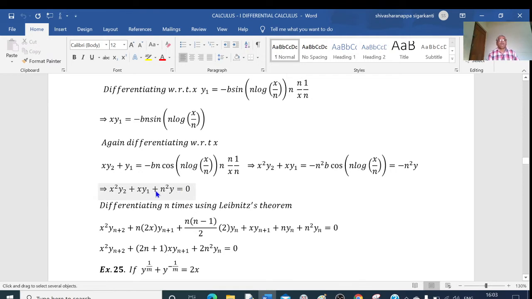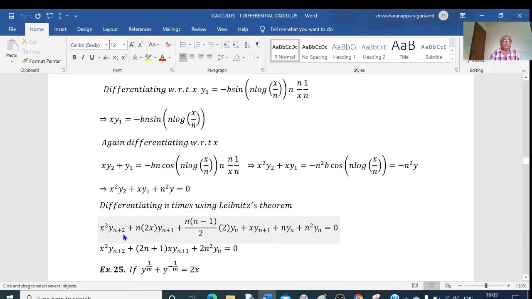Differentiating this equation with respect to x n times using Leibniz theorem. For this term I will apply Leibniz theorem. First function x square I will take as it is, nth derivative of y2 is y_(n+2), since it is already differentiated twice.